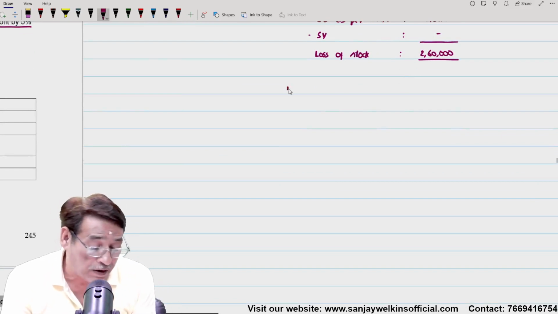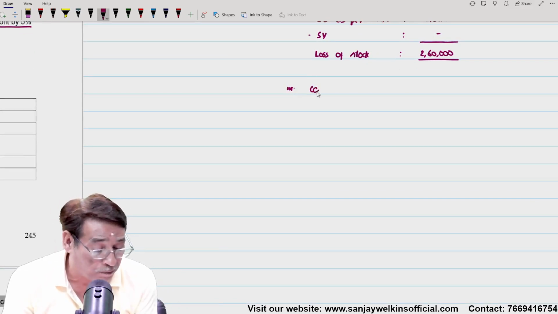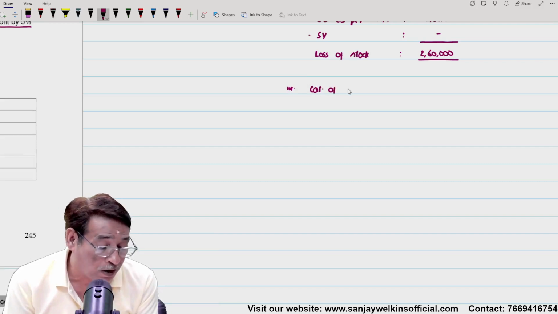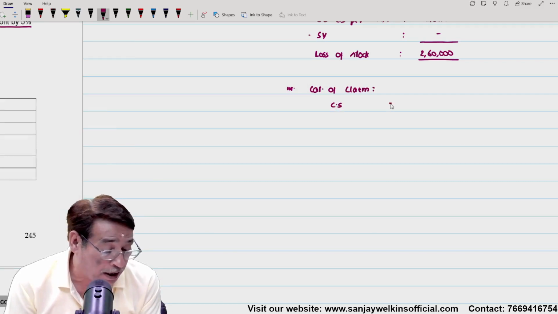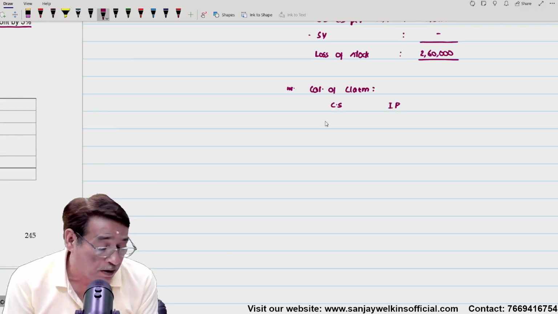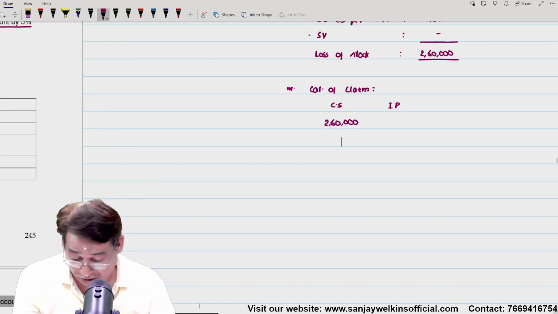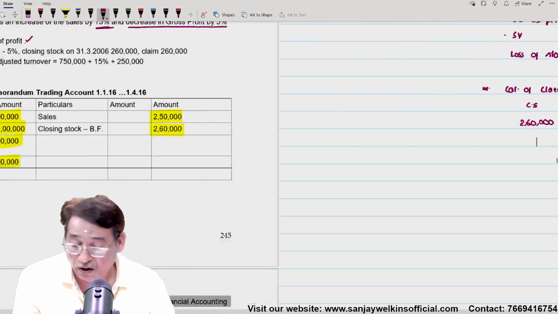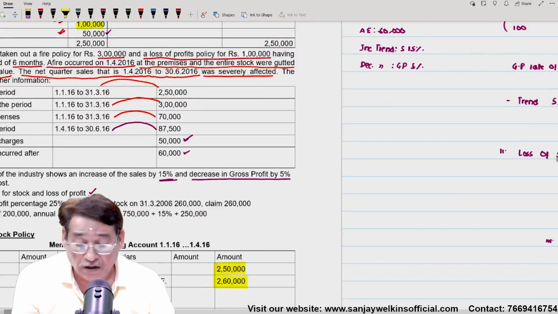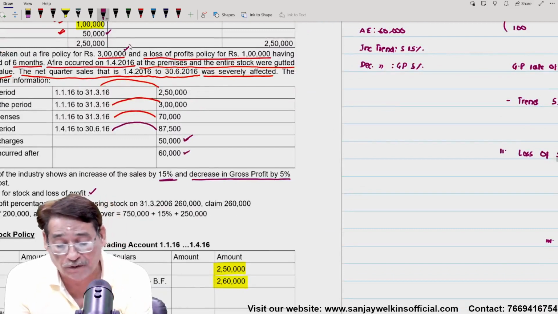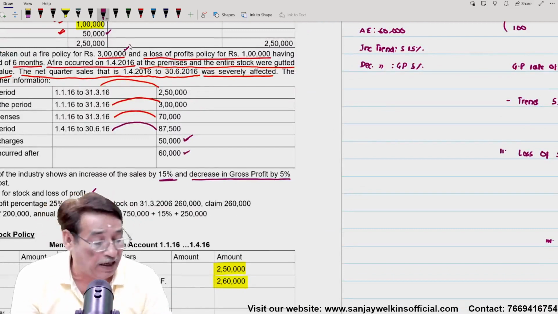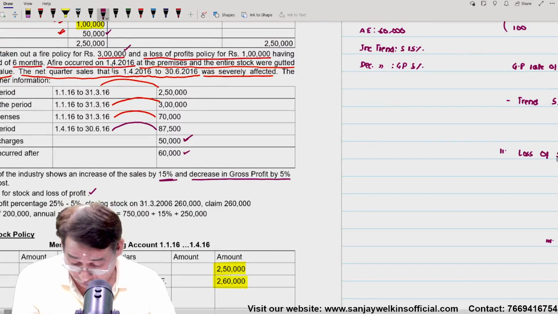Now the next step is calculation of claim. We write closing stock and loss of stock policy. Now closing stock is 2,60,000. And it was given in the question that we have taken a fire policy, that means loss of stock policy, of 3 lakh.